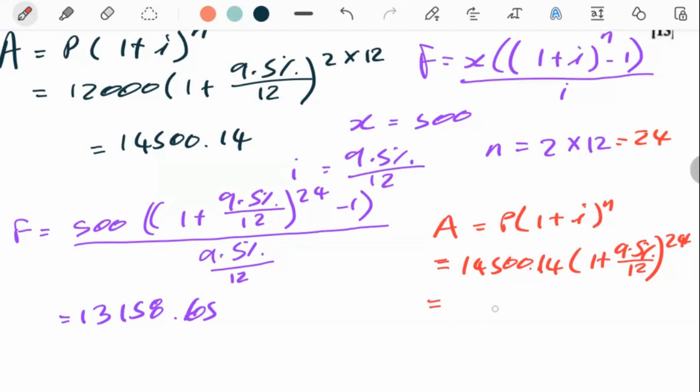And then let's see what this amount equates to.